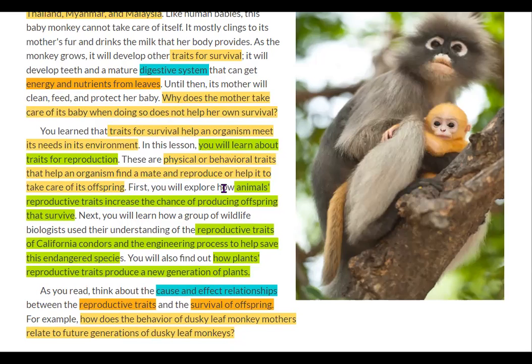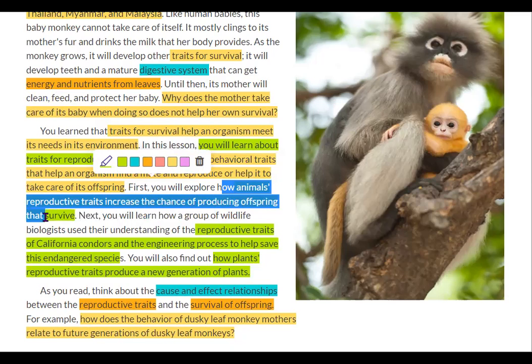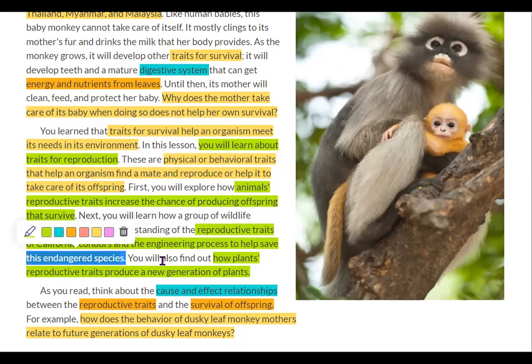First, we'll talk about how animals' reproductive traits increase the chance of producing offspring that survive. Then we're going to talk about how a group of wildlife biologists in California used their understanding of reproductive traits at the point during which California condors were almost extinct. They used this engineering process to help save this endangered species.